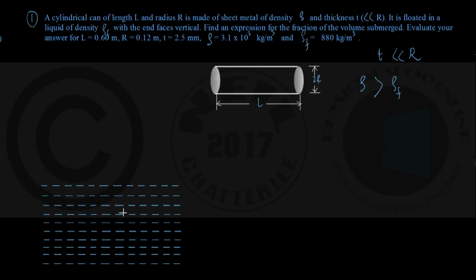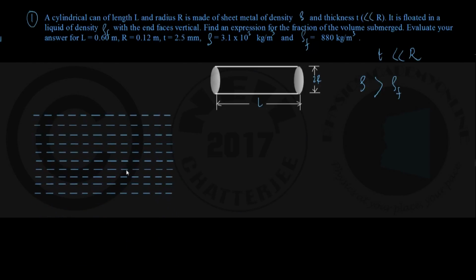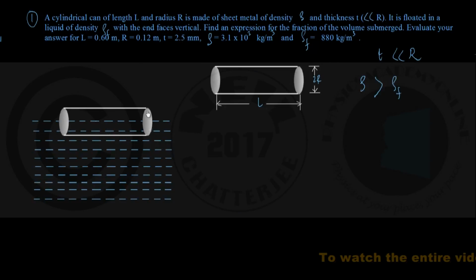So let me draw the figure next on how this can is floating on the surface of this liquid, and this is my figure, say. Since it is floating with the end faces vertical, it means that the circular faces remain upright like this, and the lateral surface of this cylindrical can, which is two-dimensional, looks like horizontal lines.